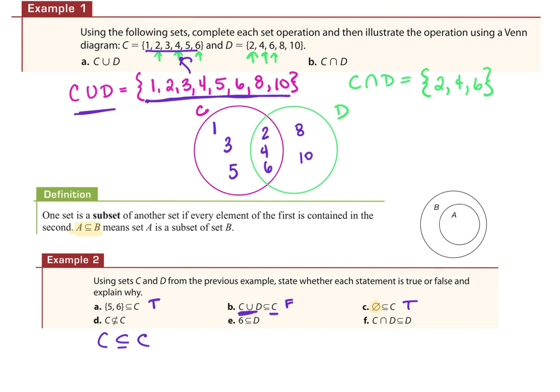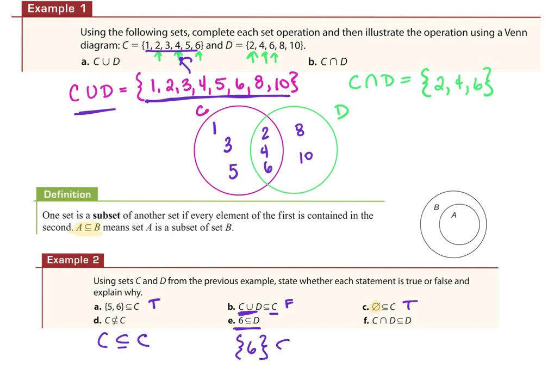All right, let's look at E. Is 6 a subset of D? This is a trick question, by the way. 6 is in D, but this is something you want to check on for a standardized test.